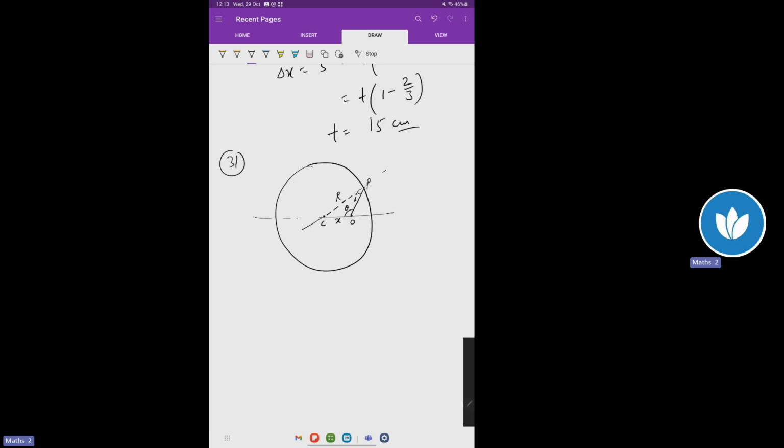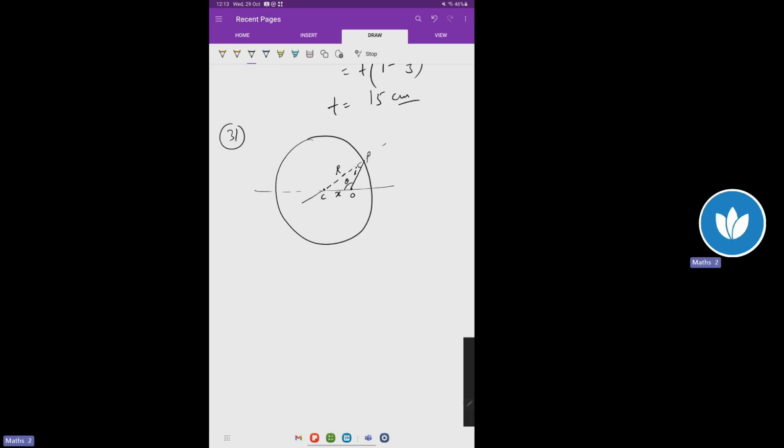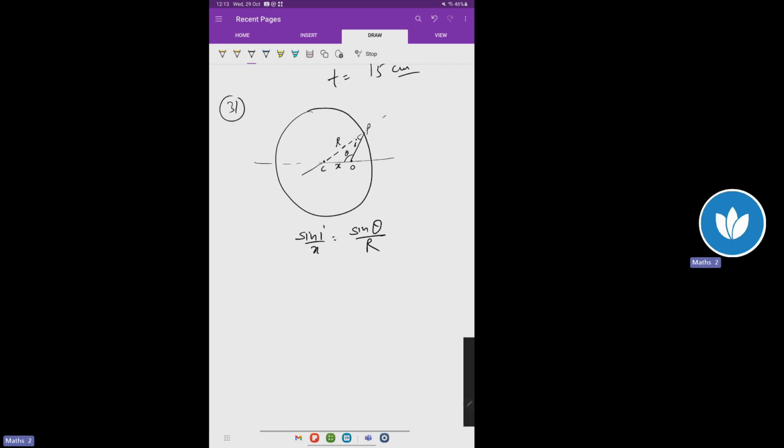Assume this angle is theta and apply the sine law. Sine i by x is equal to sine theta by r. These are constant. If this theta is maximum, i will be maximum.